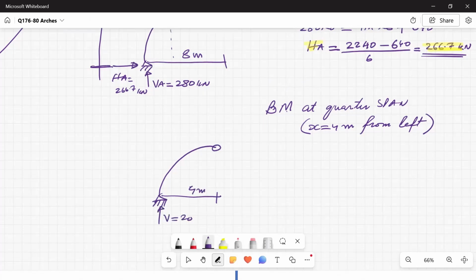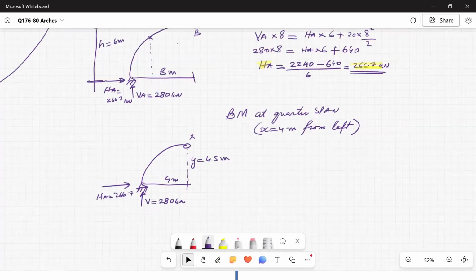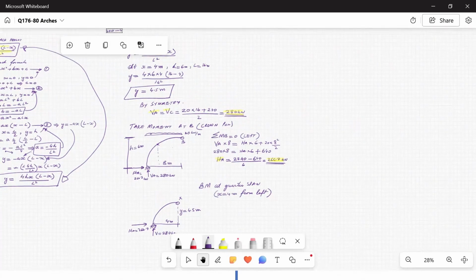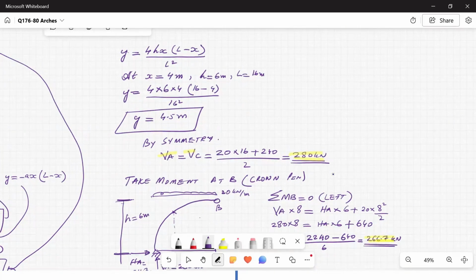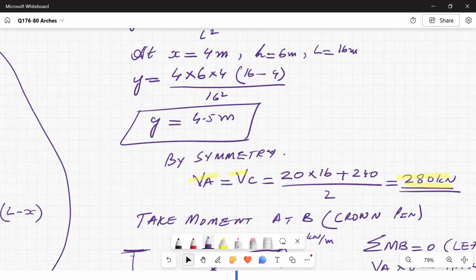VA is equal to 280 kilonewton and HA is equal to 266.7. I call this point as X, and this was Y point, which we found out earlier, 4.5 meters. So let's call it as MX. 4.5 we found out earlier over here at quarter span, which is using this formula.